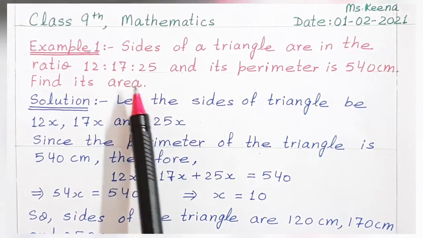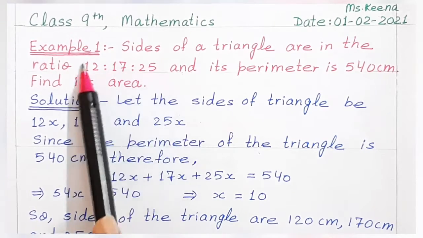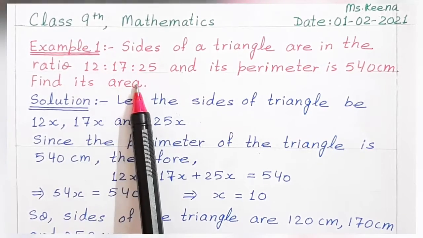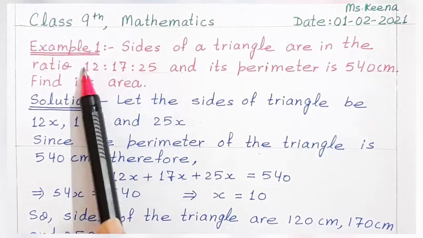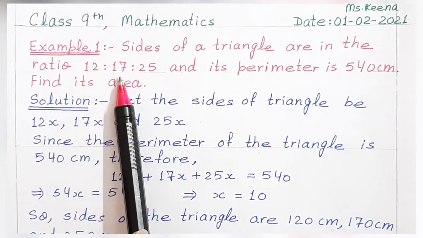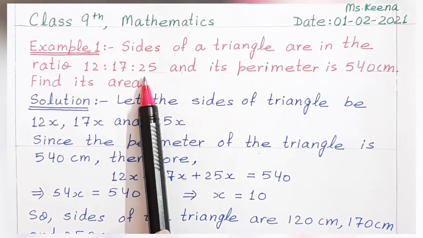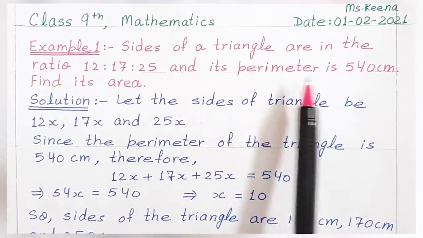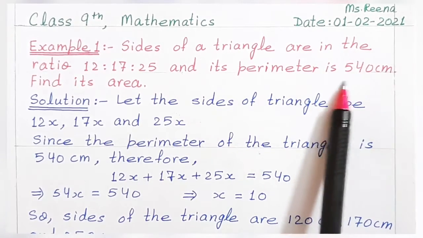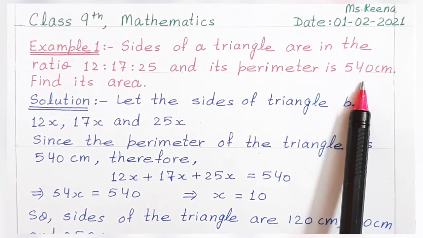So students, the sides are given in ratio. So let us assume the sides are 12x, 17x and 25x. Also the perimeter is given to us, that is 540.